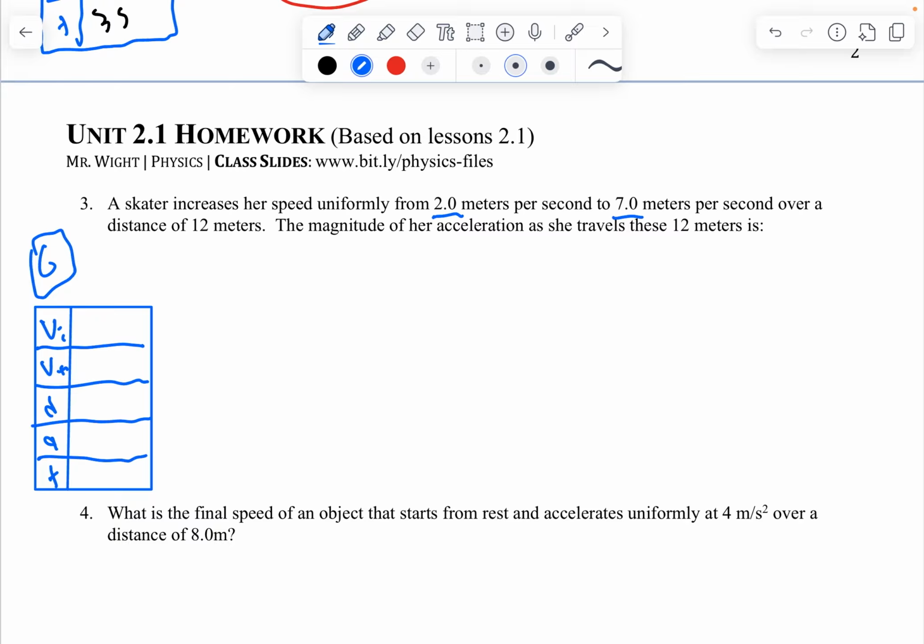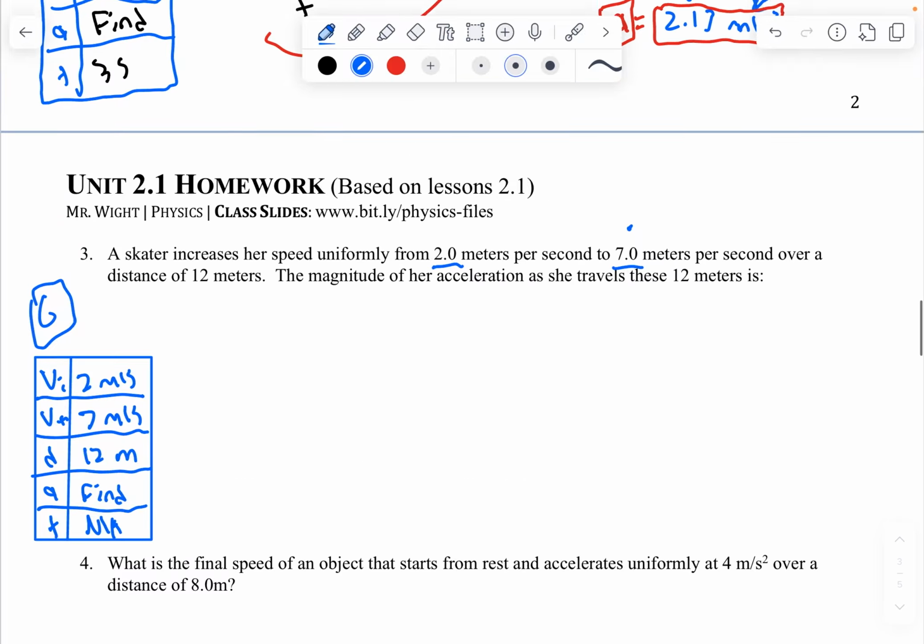So initial is 2 meters per second, and final is 7 meters per second. And what's the distance? 12 meters. Acceleration, that's what we're trying to find. And we know nothing about time.